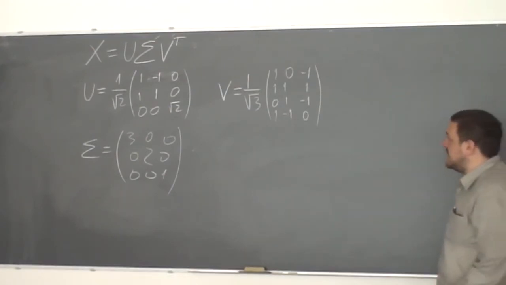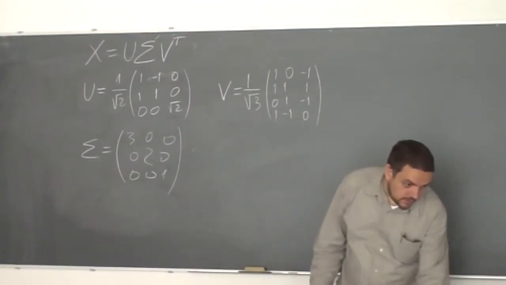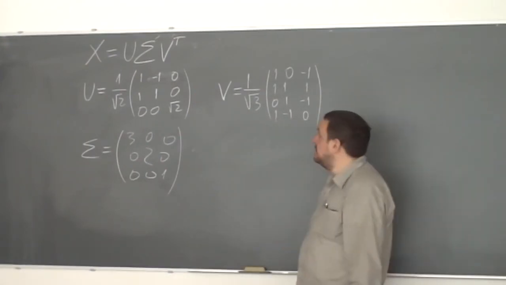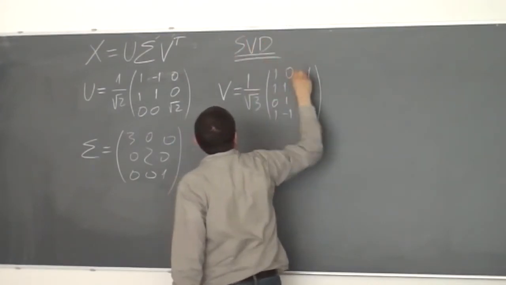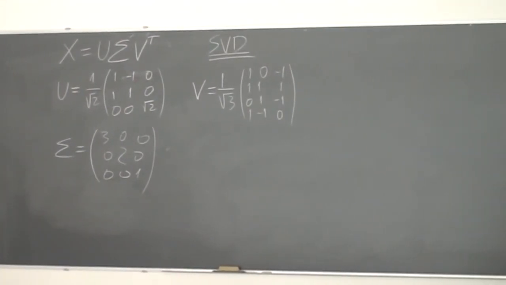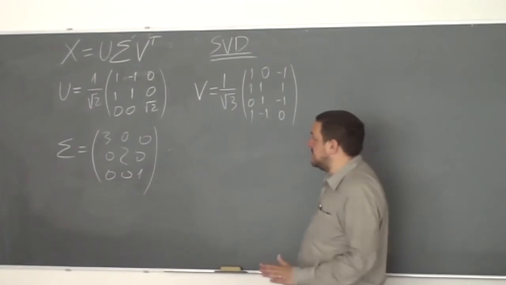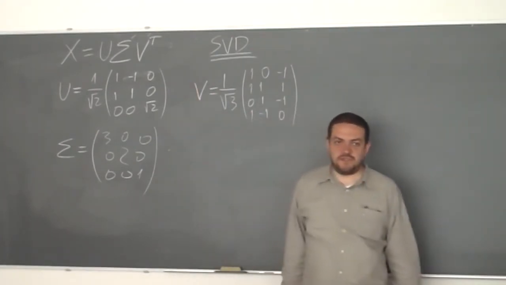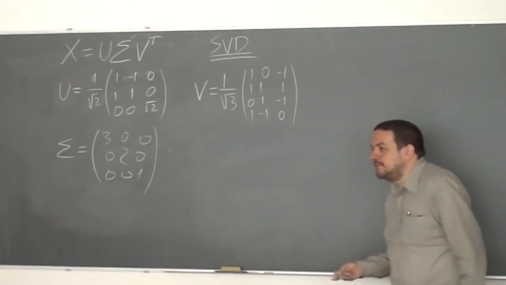Okay, so in this case, we know that this is a valid SVD of our matrix. The text of the exercise itself tells us that this is a correct SVD, so we don't need to check it.